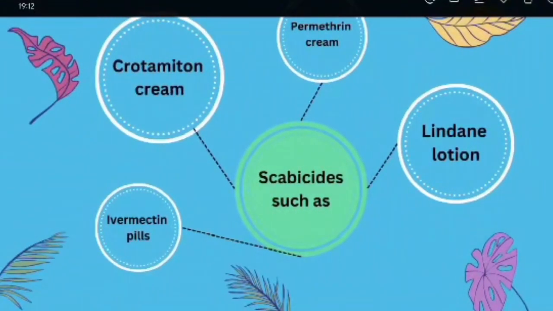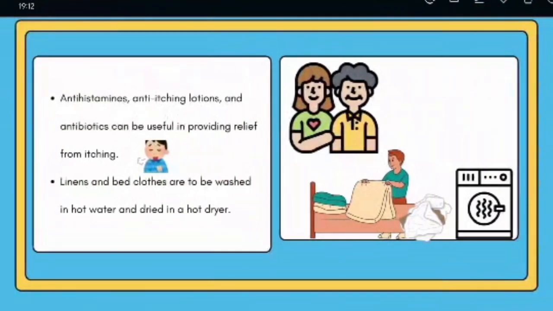Scabicides such as ivermectin pills, crotamiton cream, permethrin cream, or lindane lotion can be administered. Antihistamines, anti-itching lotions, and antibiotics can be useful in providing relief from itching. Linens and bedclothes are to be washed in hot water and dried in a hot dryer.